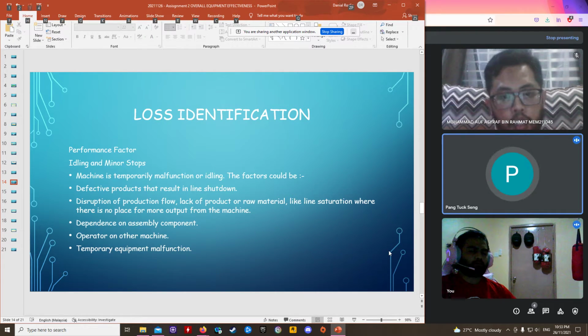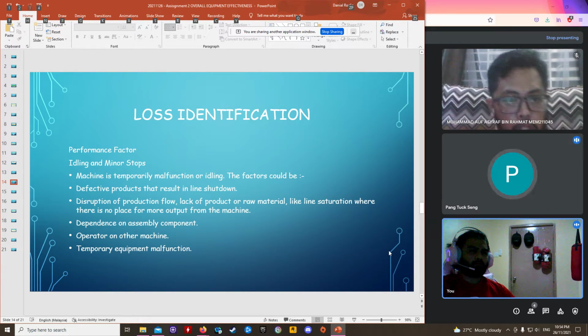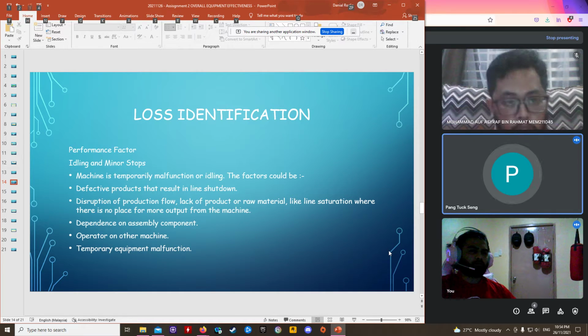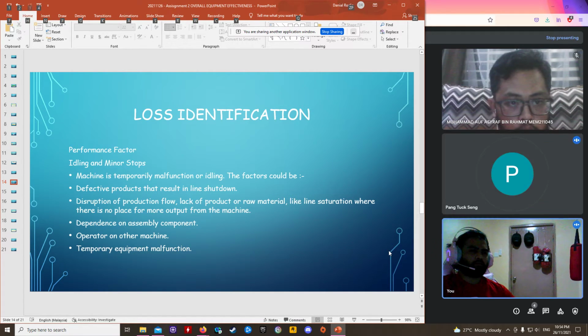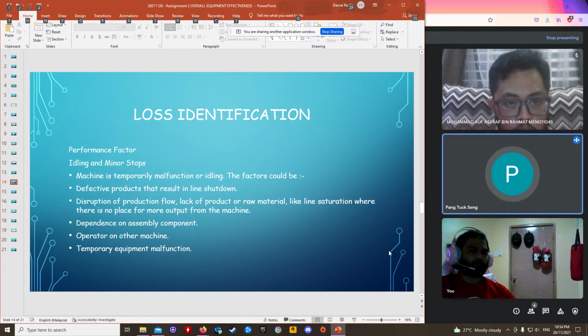the process, the operation. Okay, I will finalize by touching a bit on performance-related loss: idling and minor stops. Idling and minor stops are related to temporary shutdown or malfunction of the machine, or idling.